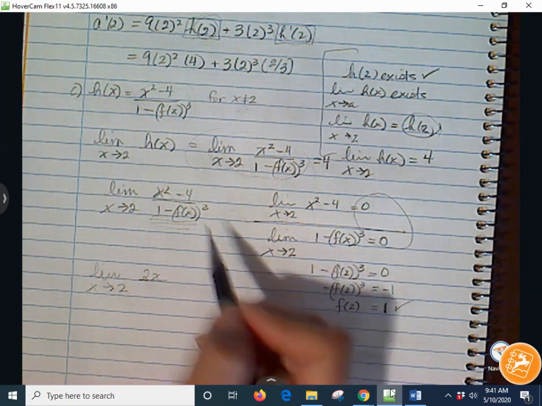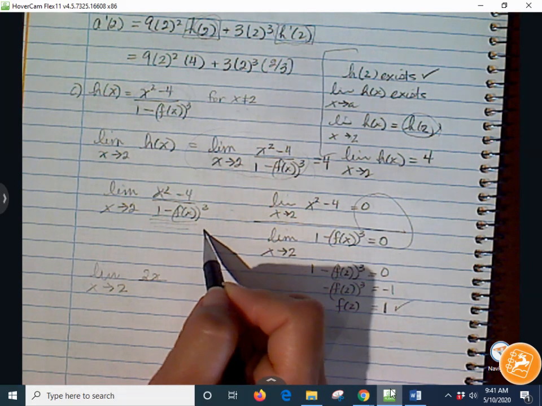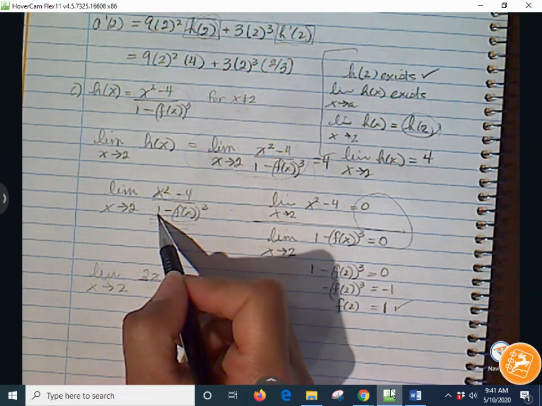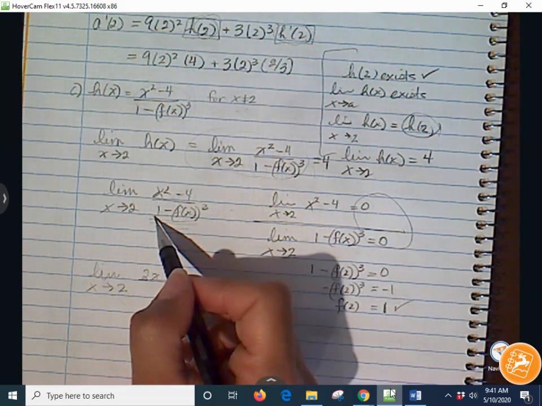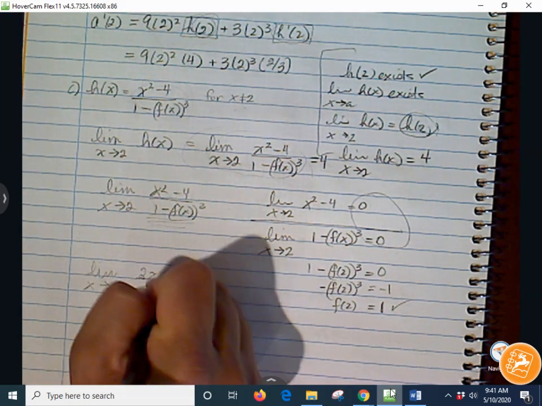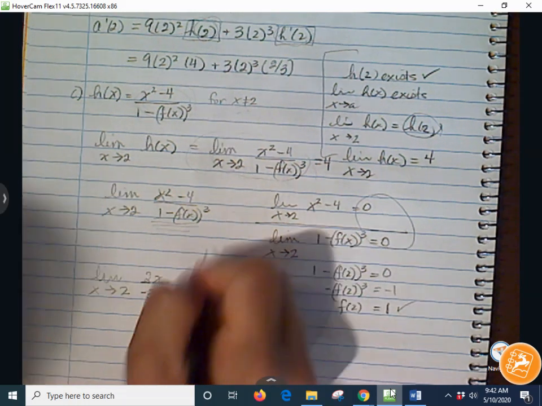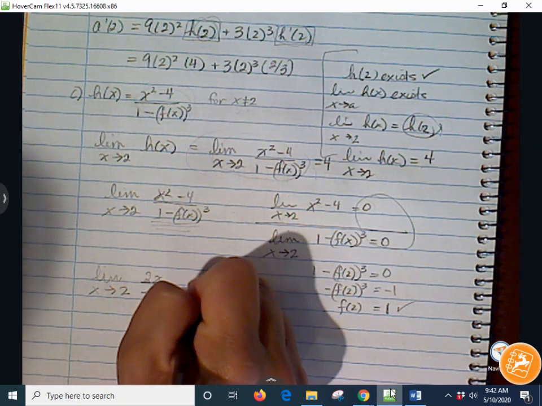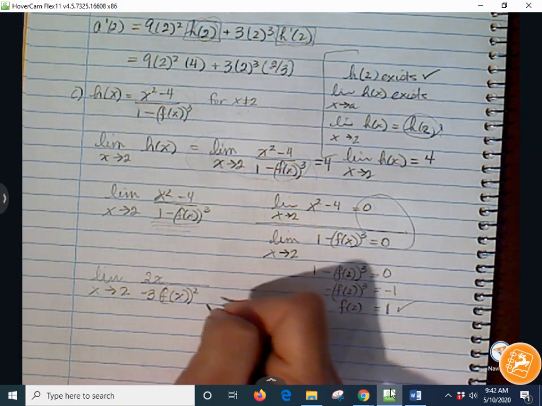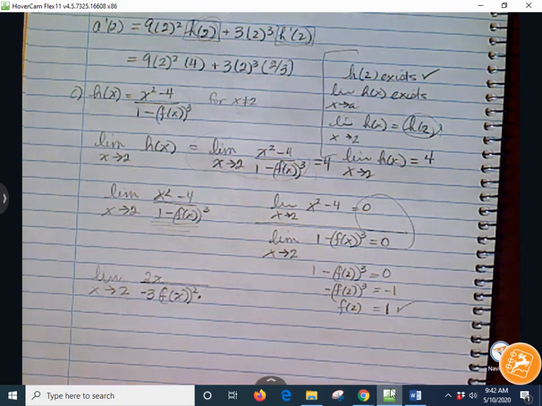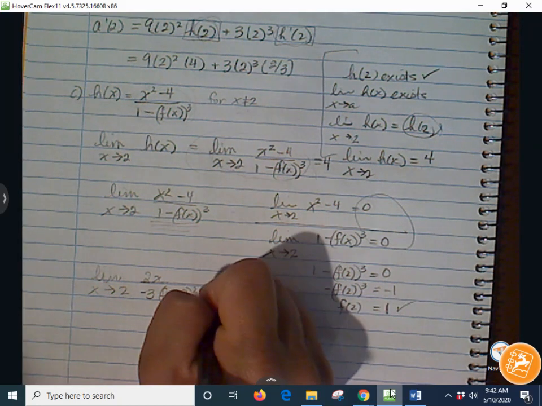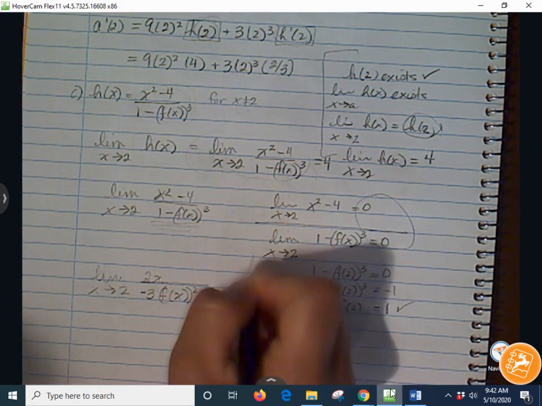And the derivative of the denominator with respect to x is going to be, well, that's going to be 0 and then I'm going to have negative 3 f of x squared, but times, you have to remember, you have to do the chain rule. I like this problem. F prime of, oops, not 2 yet.